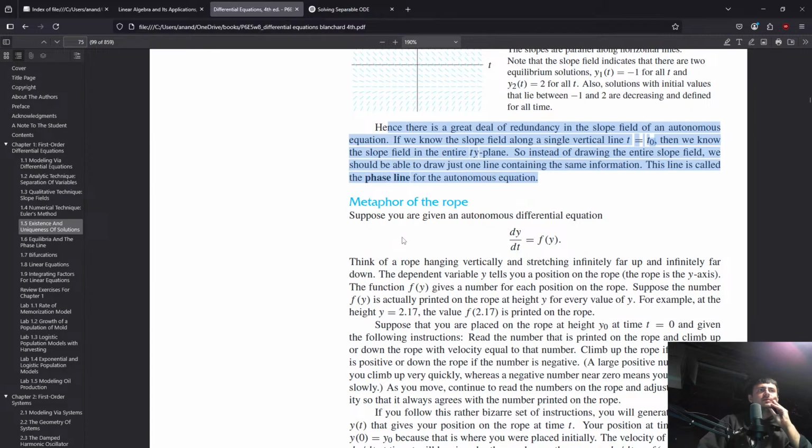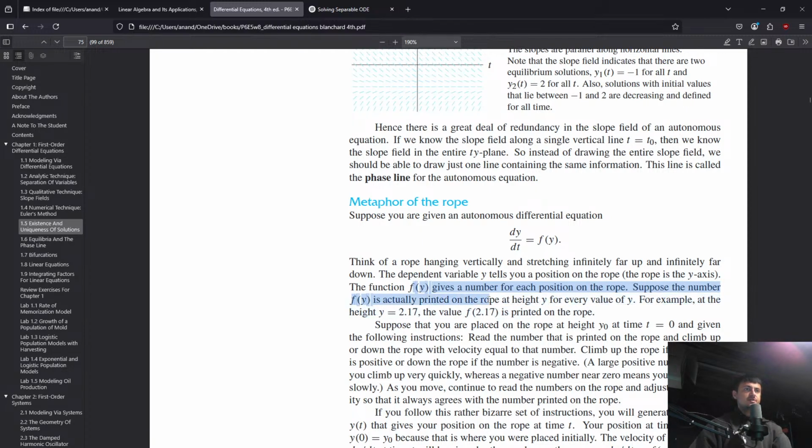The metaphor of the rope. Suppose you are given an autonomous differential equation of the form dy/dt = f(y). Think of a rope hanging vertically and stretching infinitely far up and infinitely far down. The dependent variable y tells you position on the rope. The function f of y gives a number for each position on the rope. This is the slope.